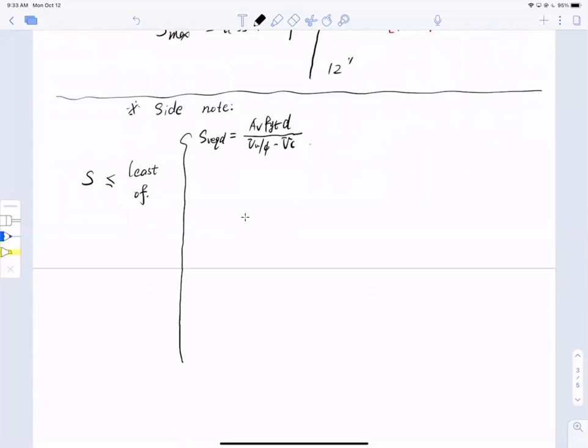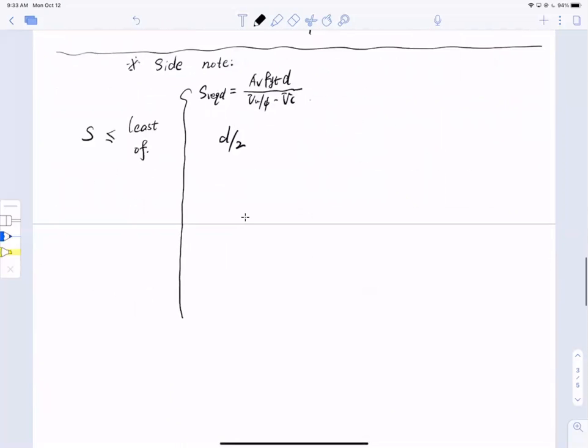So this is the calculated equation, or d divided by 2, or 24 inches, or AV FYT divided by 0.75 square root of f prime c bw, or AV FYT divided by 50 bw.